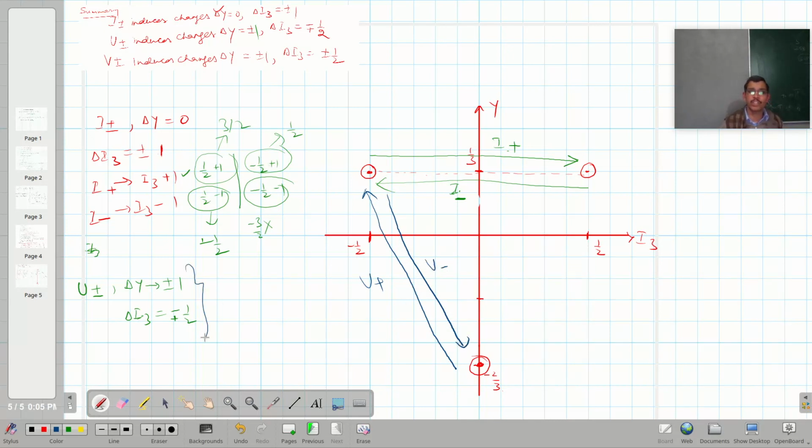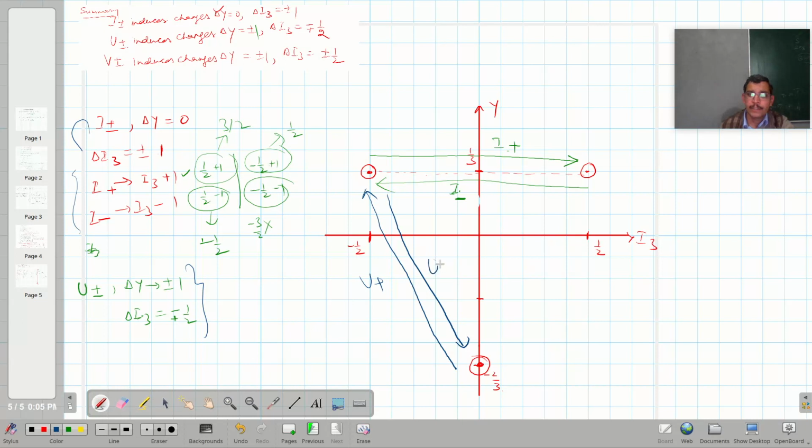It can cause these two changes. You can see, as I have seen for this one, because y is also changing, and let me make a small difference for it.